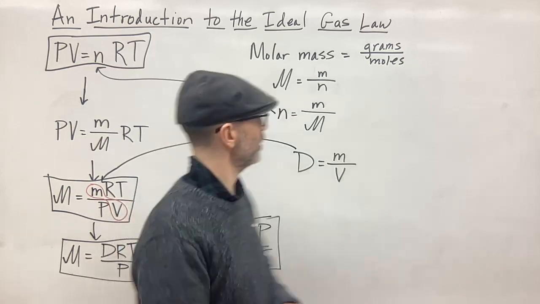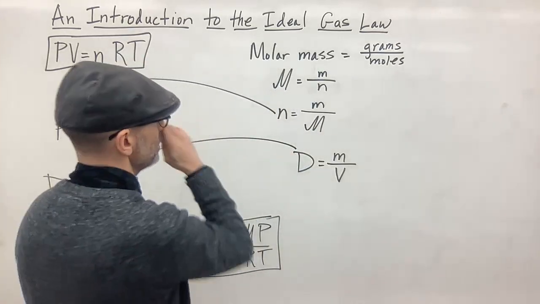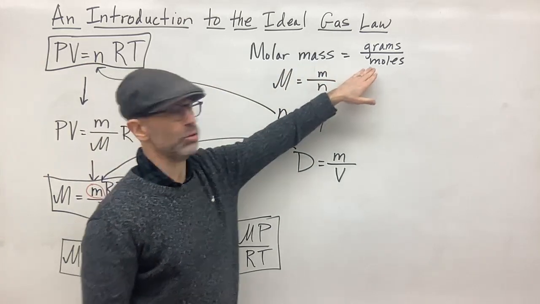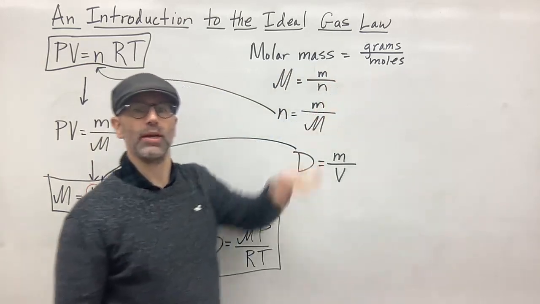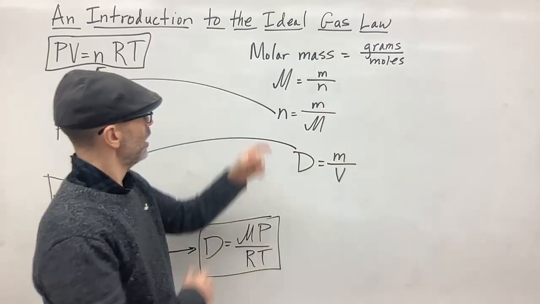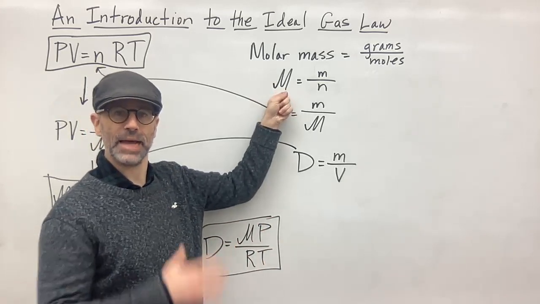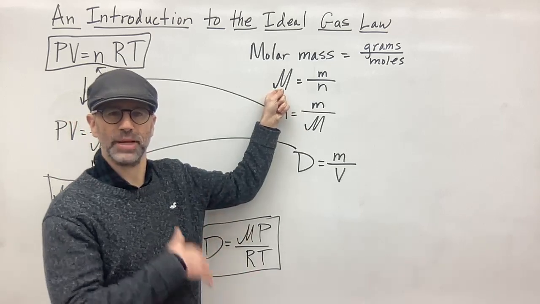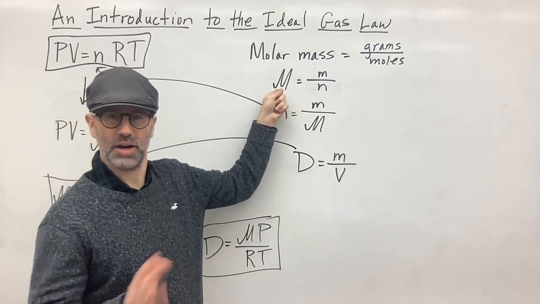So here we're going to start with PV equals nRT. A couple of basic things we need to remember. Molar mass is equal to grams over mole, mass over the number of moles. We can represent that using the following symbols. I use this strange italicized capital M for molar mass, in order to distinguish it from the capital M for molarity, which is covered in another video.